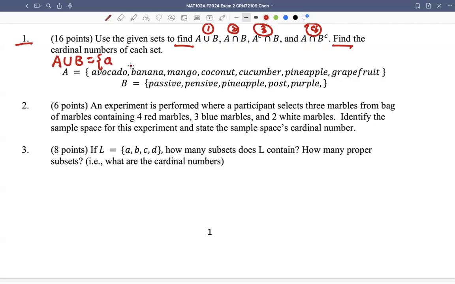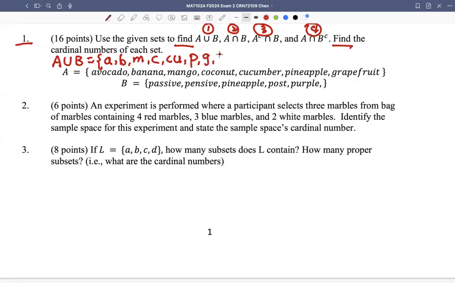Maybe we use A. We have a banana. Maybe we use B. We have a mango. Maybe we use M. We have a coconut. Maybe we use C. We have cucumber. Maybe we use CU. Then we have a pineapple. We use P. Grapefruit. We use G.